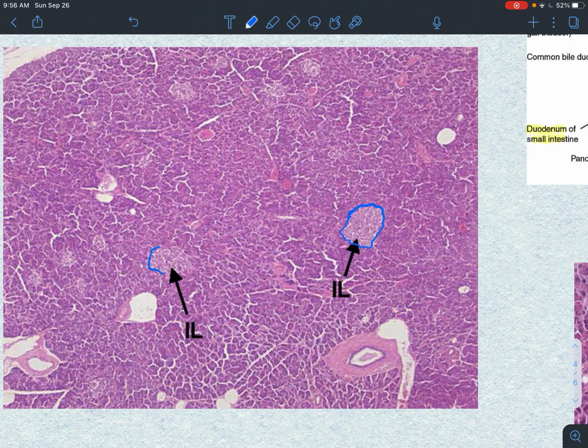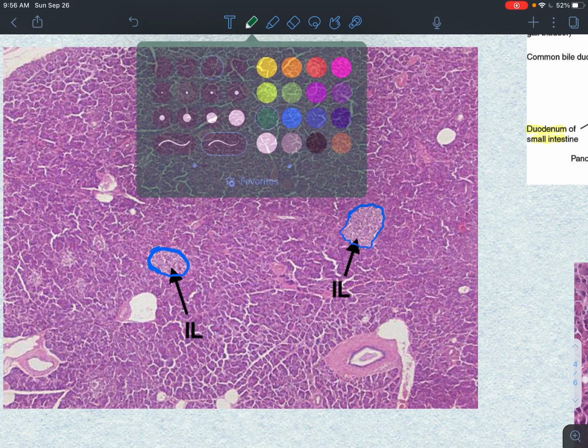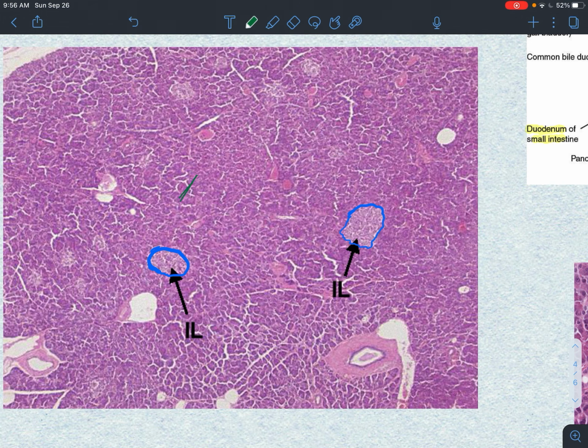So these pancreatic islets that are staining light, that are surrounded by this other histological acini, right? All of this is acini, right? So acini is the majority of what you see. All of that is acini. All of this is acini, right? And then, right, you've got these islets of Langerhans.